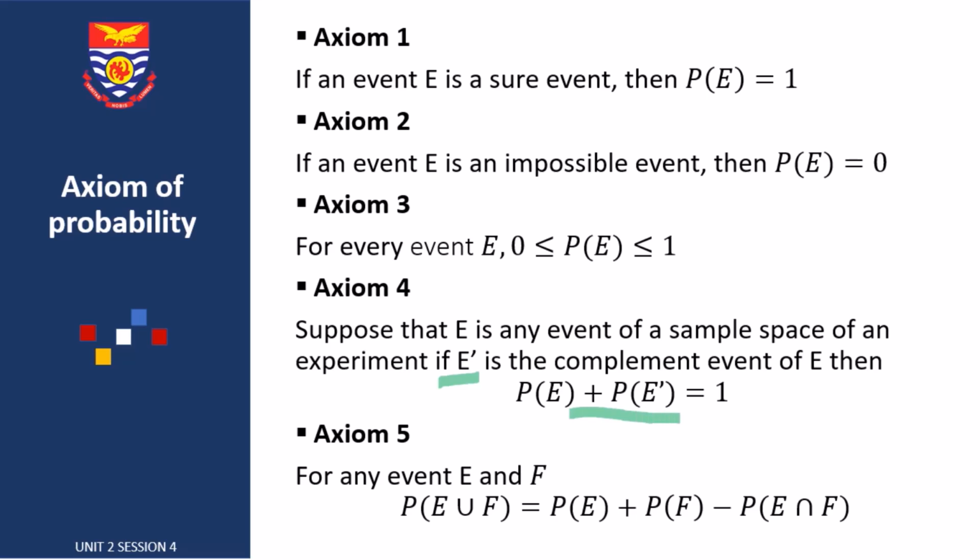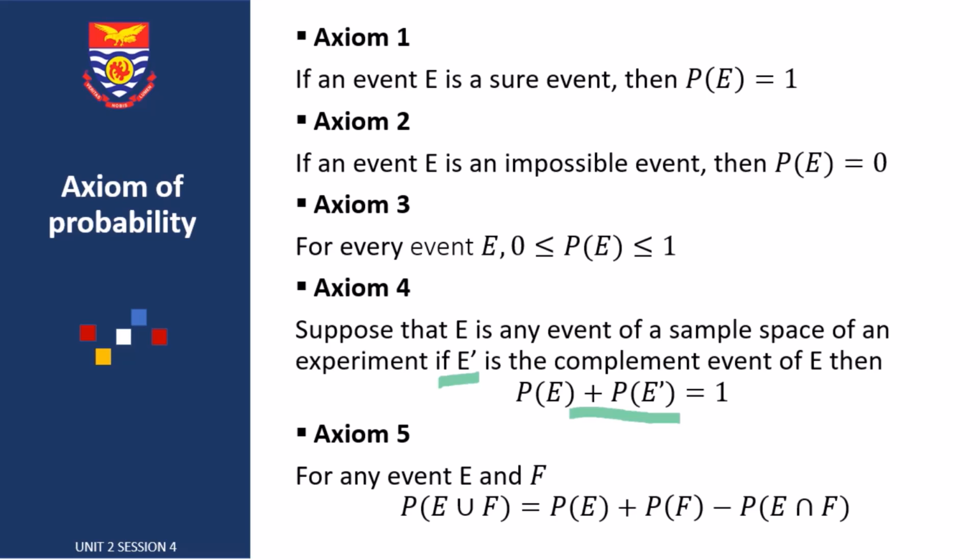Let's set an example. Say the probability of a planted seed germinating is 0.7. Then its complement will be 0.3, because 0.7 plus 0.3 should give you 1.